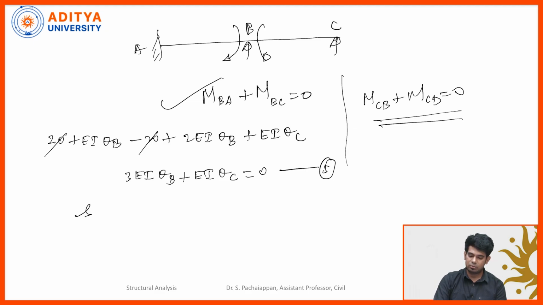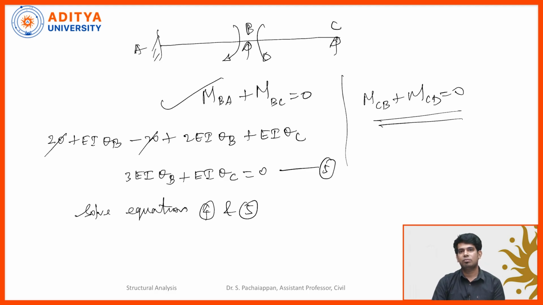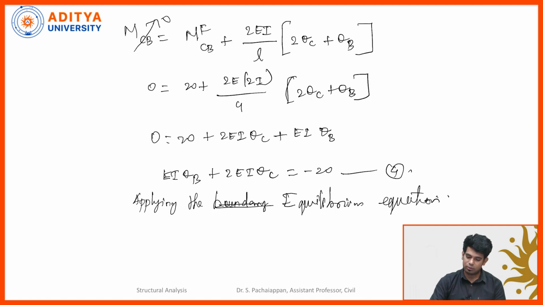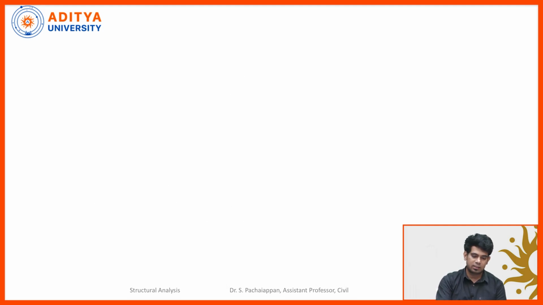Now I am going to solve for equations 4 and 5. So what is the equation 4? The equation 4 is EI theta B plus 2 EI theta C equal to minus 20. So let's write the two equations.